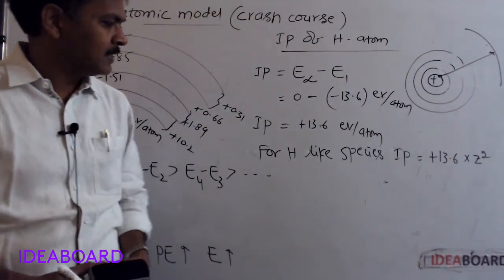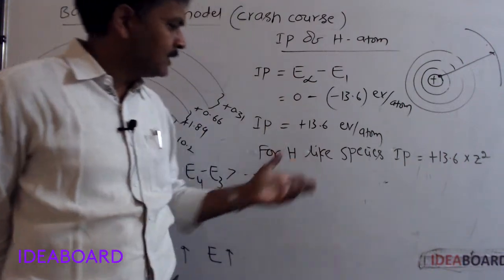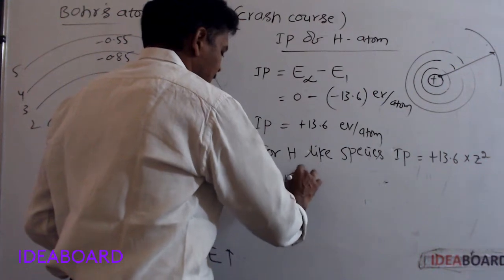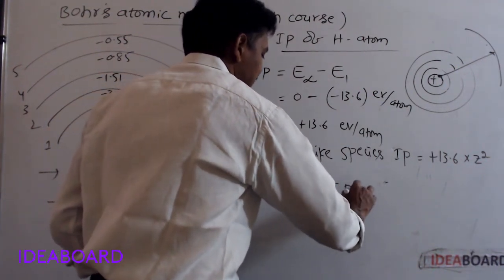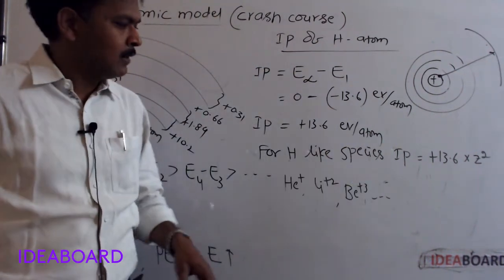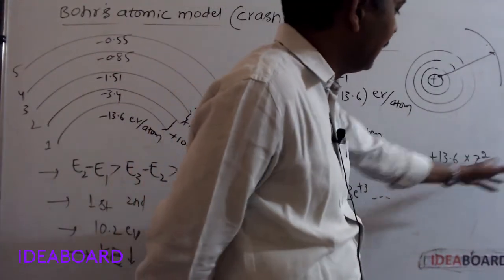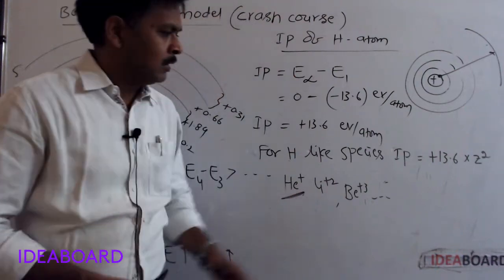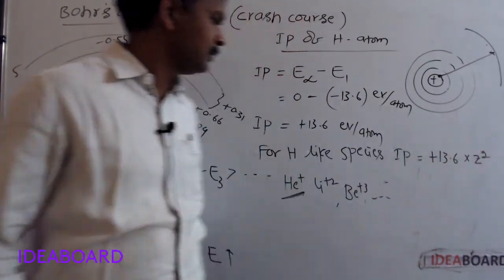Hydrogen-like species means species which contain one electron, like He plus, Li plus 2, Be plus 3, etc. For hydrogen-like species, IP is equal to plus 13.6 into Z square. What is the IP of He plus? 13.6 into 2 square, 13.6 into 4.